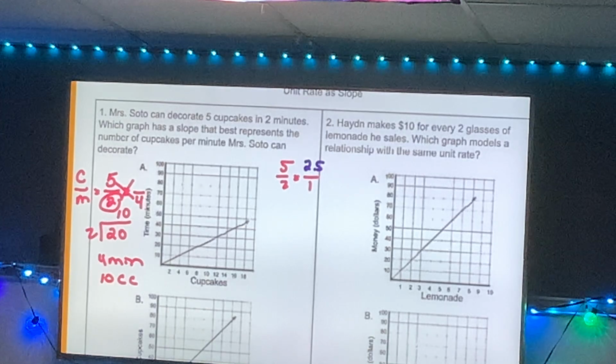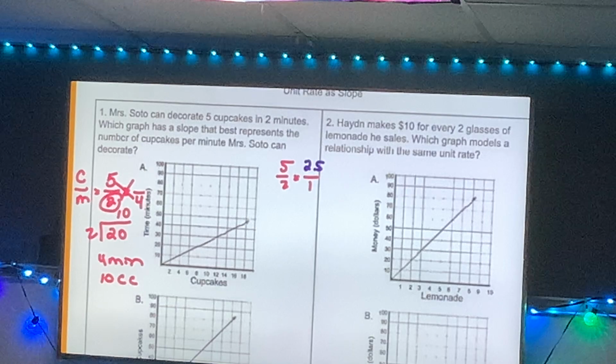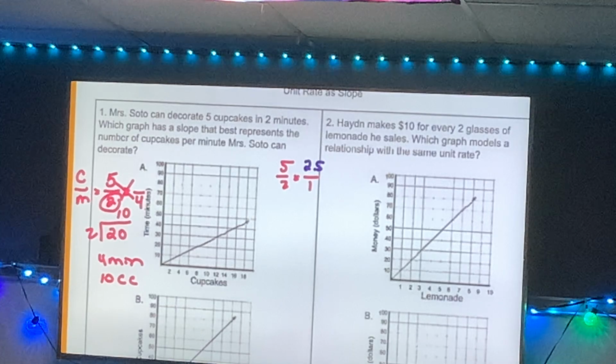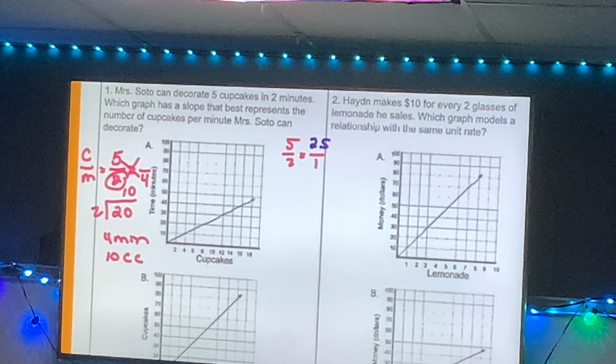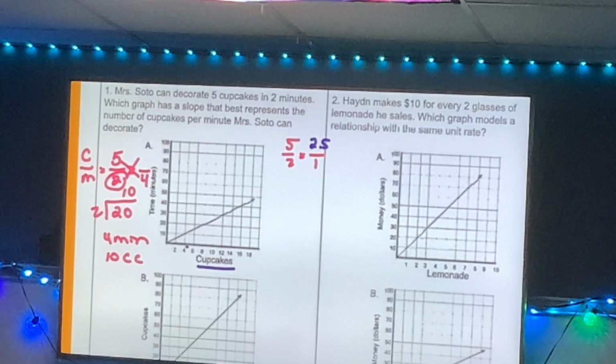Okay, so let's look at your labels. Be very careful. If I am looking at cupcakes, I want to go 2, because my 2 really doesn't help me right there, right? Watch your labels. I have 4 cupcakes. I'm gonna go up and over.